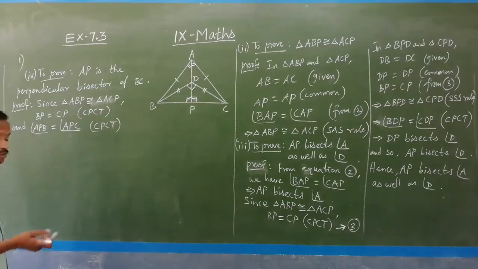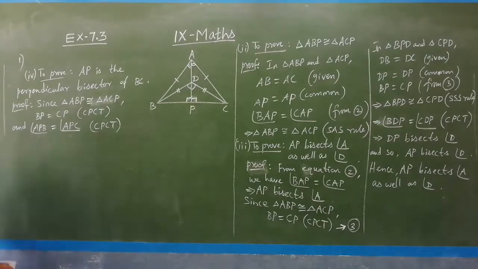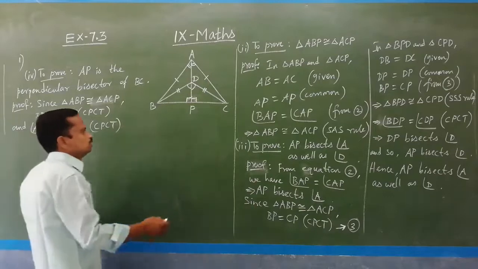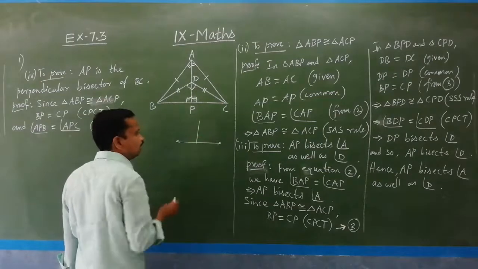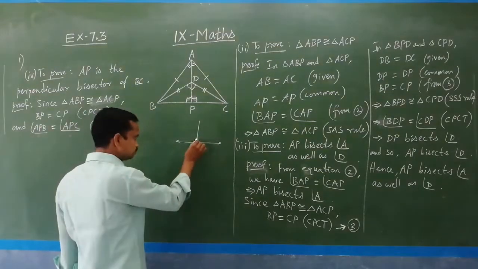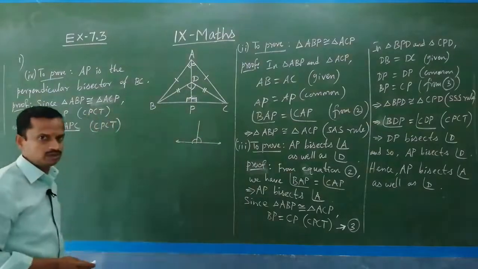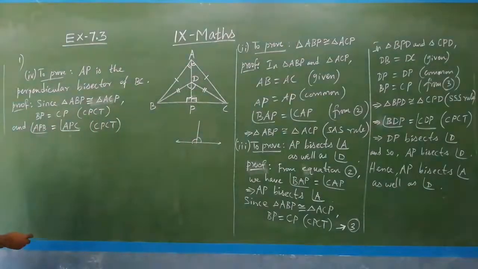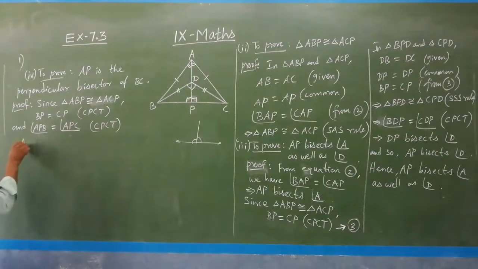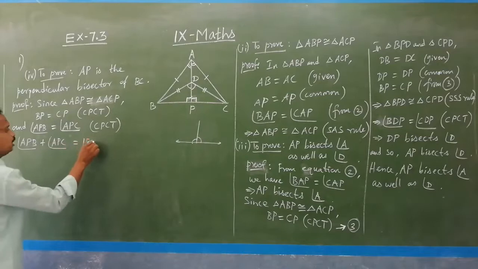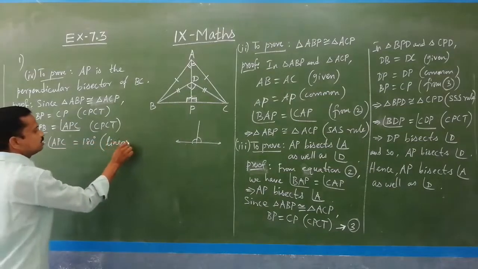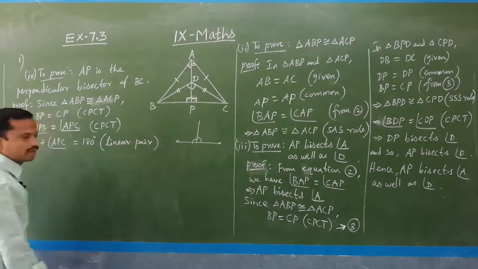Then only can we say AP is the perpendicular bisector. Perpendicular means making a 90 degree angle. For that, you see, this is a line and this is a line which cuts the given line, so these two angles are a linear pair of angles, that you know. Applying that concept, angle APB plus angle APC is equal to 180 degrees. In brackets we write: linear pair of angles is 180.